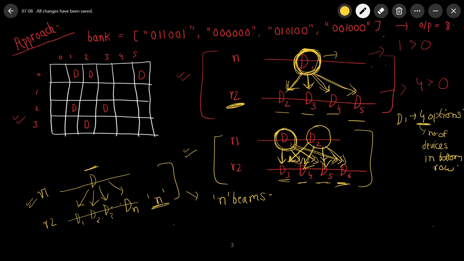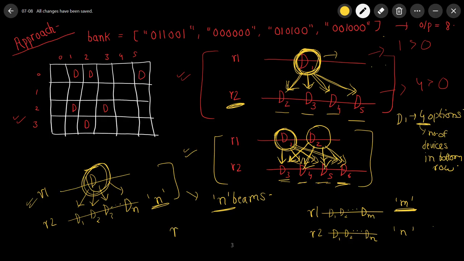But suppose if we generalize our case, suppose R1 also has, let's say, m devices, and R2 has n devices. So let's say D1, D2 up to Dm, and D1, D2 up to Dn. So in this case, if it was one device, it had n options. Now it's m, so it would be m into n options total.